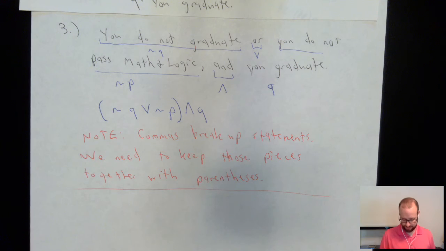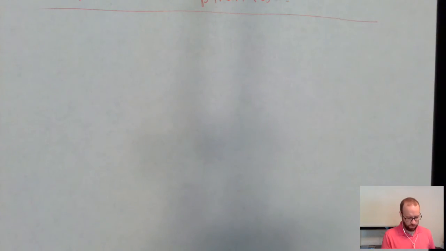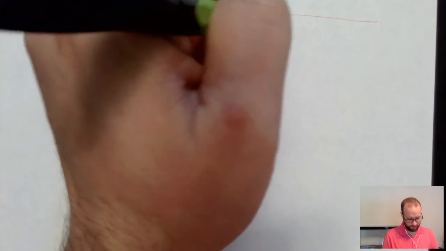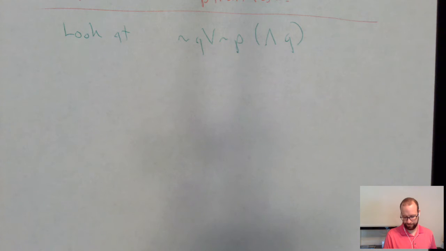Okay, then I need to do one more quick bookkeeping thing now that we've introduced the idea of commas and parentheses here. What if we had not Q or not P, and then in parentheses and Q? Hopefully that strikes you as a little odd.